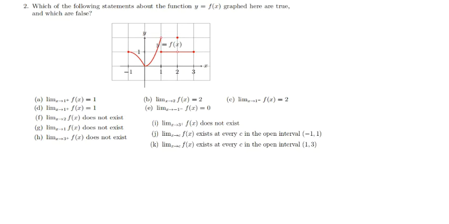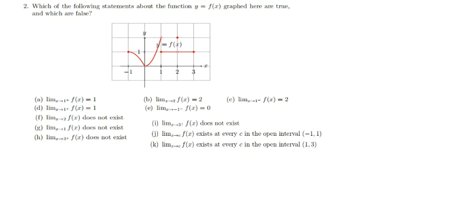Let's see. From our graph we have two lines. We have this one, but at that point it is open, and this one is closed. Then it's jumping, and we also have a point there.